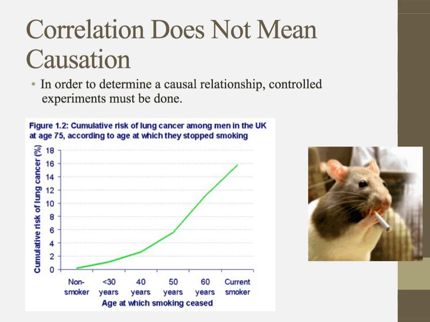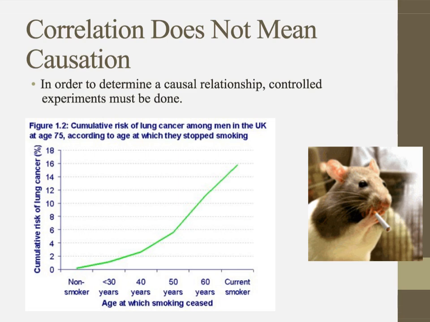So eliminate differences in genetics, lifestyle, and environment, and then calculate their cumulative risk of lung cancer. You have to do controlled experiments where you're isolating only one variable in order to determine if one thing causes another. So be really careful when we're looking at things in the news.